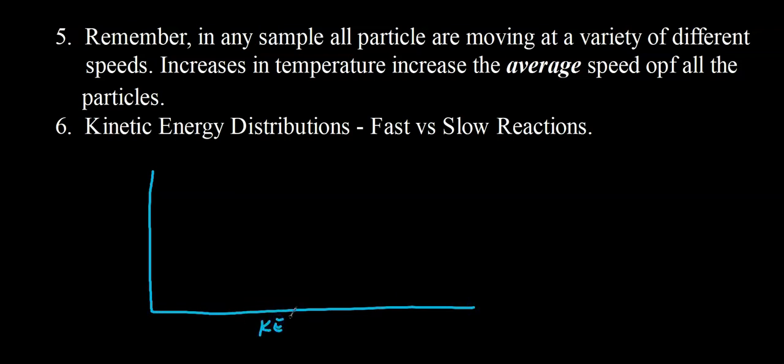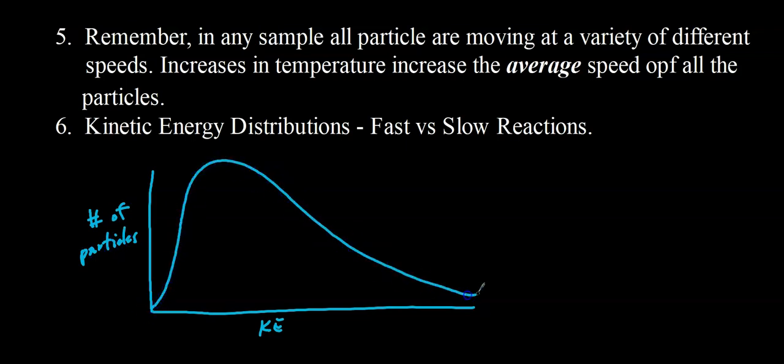We have kinetic energy on our x-axis and number of particles on the y-axis. We get a bell-shaped curve. Let's say this is at 20 degrees Celsius, and I'm going to arbitrarily set the activation energy there on the x-axis.